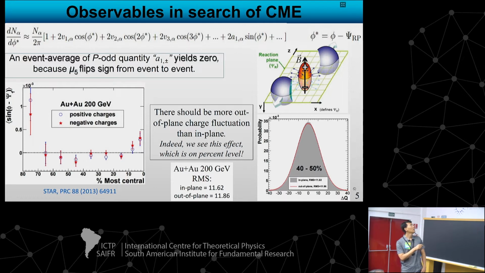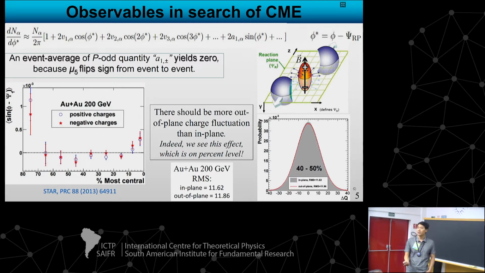If we do a Fourier expansion of the particle azimuthal angle, besides the conventional v1, v2, v3 terms, we can have an extra a1 term if we have charge separation. This a1 term will have opposite sign for positive and negative particles.